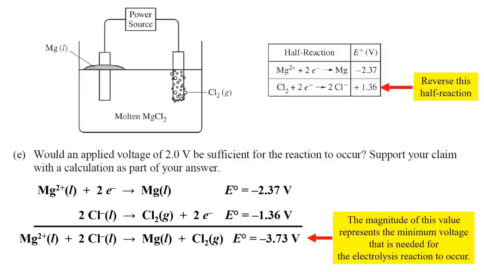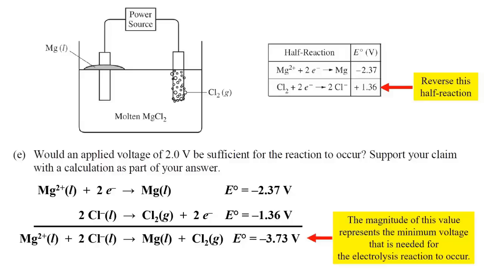Now, it's okay that this is a negative value because this is not a galvanic cell where the overall cell potential needs to be a positive value. This is an electrolytic cell. So the overall cell potential for an electrolytic cell is actually negative, indicating that the overall reaction is not thermodynamically favored.